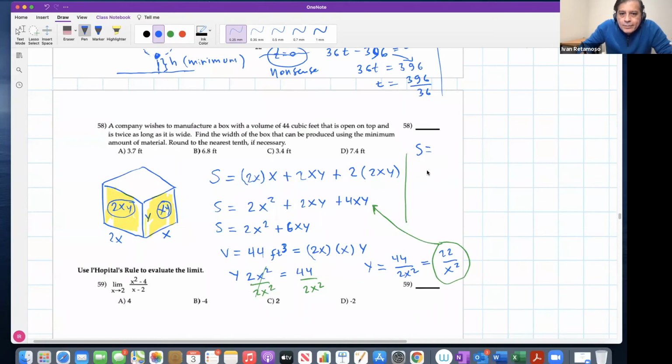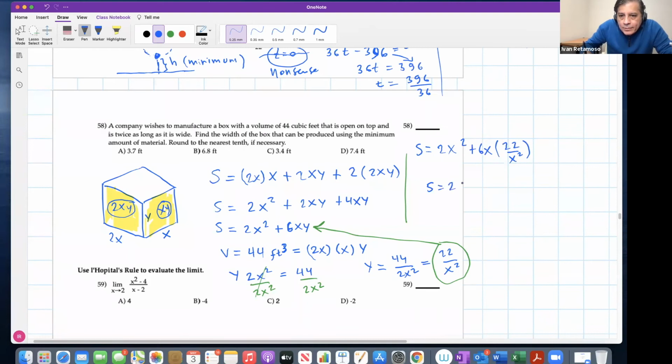So S will be equal to 2x squared plus 6x times y, which is 22 over x squared.